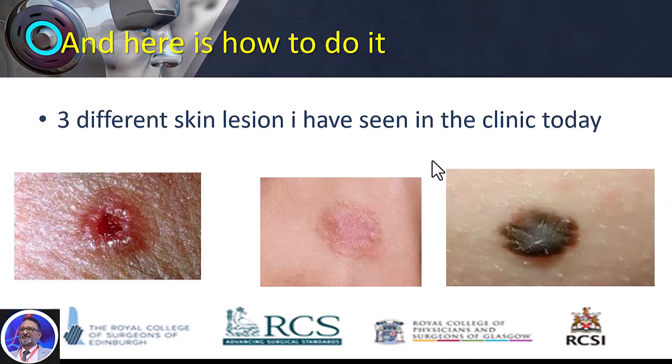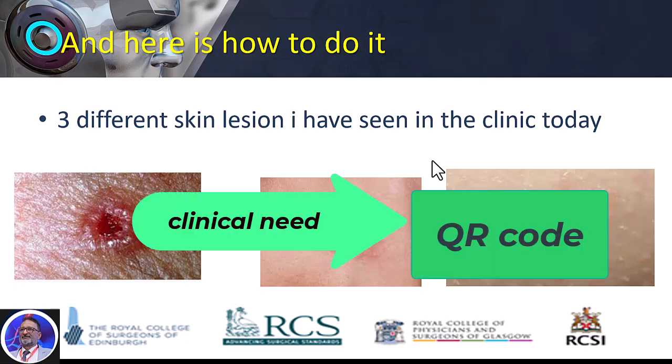I hope with this quick review that I have made it easy for doctors to have AI in their pocket. And this will be basically clinical need and then QR code. You don't need to know much about what is in between.